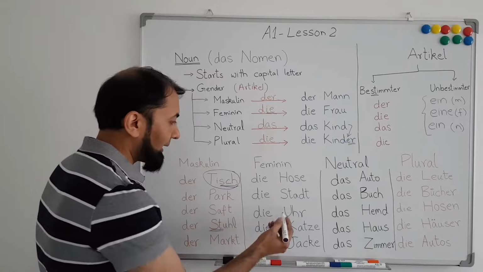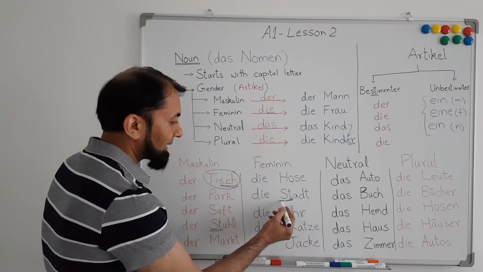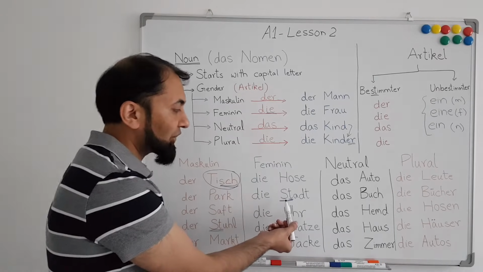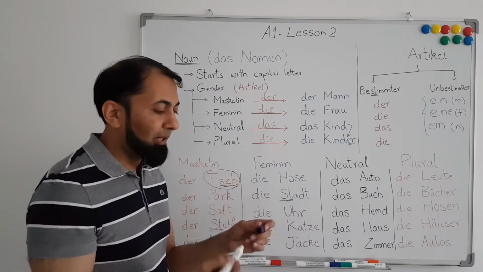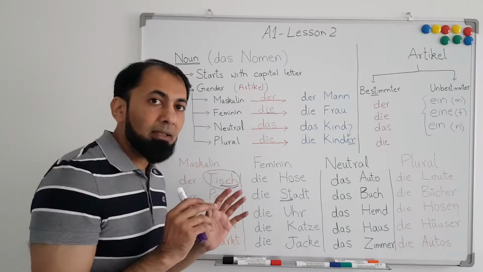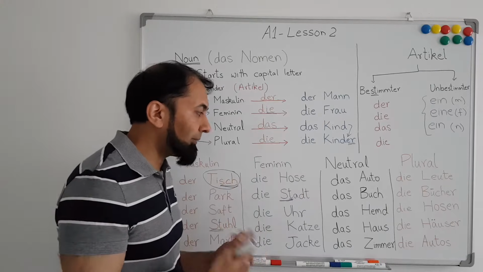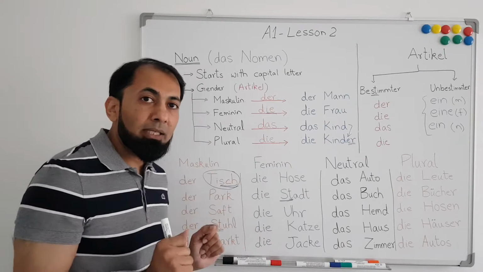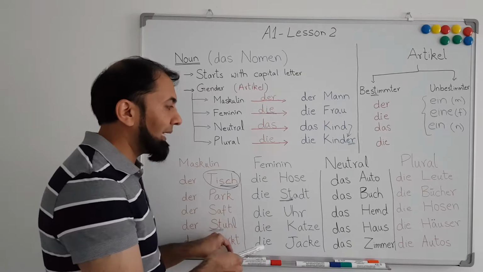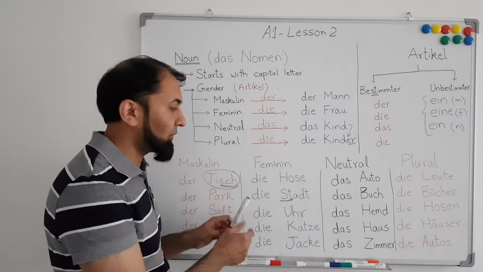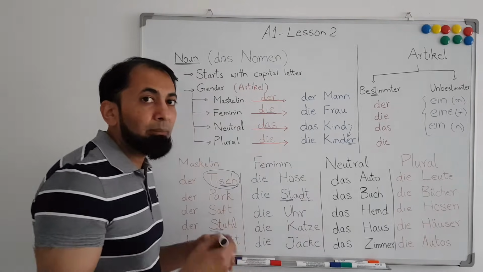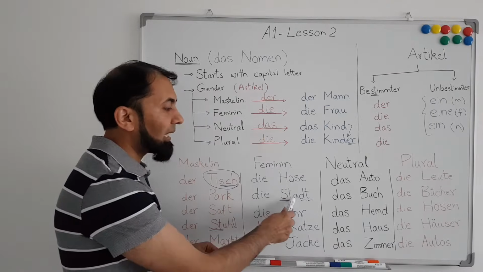Now again you see that the same rule will apply, st. So here it will be Start, and we also learned in the previous lesson that all the alphabets written in the word will be pronounced, so there will be no silent alphabets in any word in the German language, and therefore this S and T will be separately pronounced, Start.